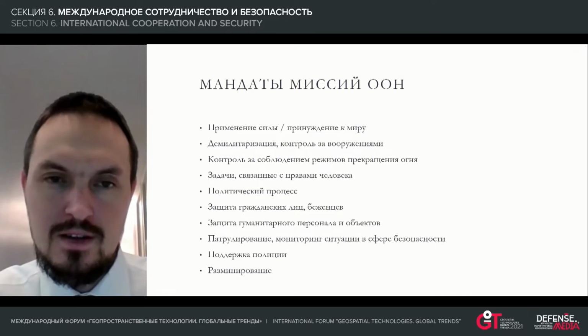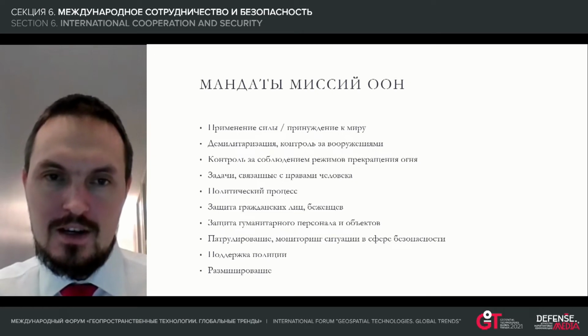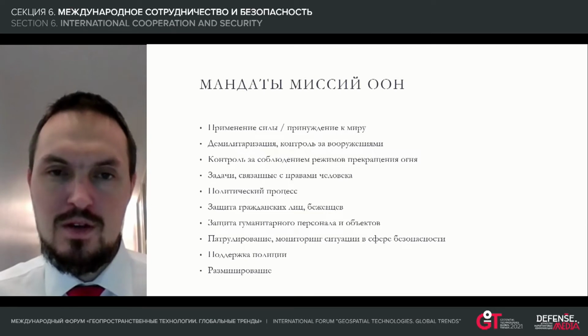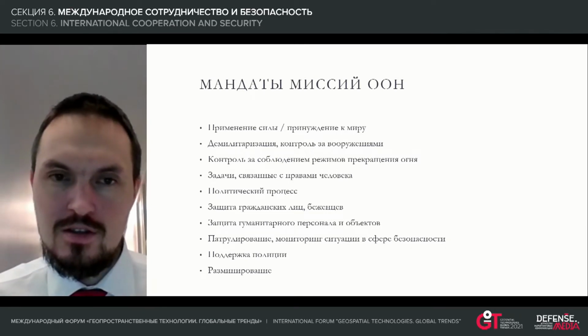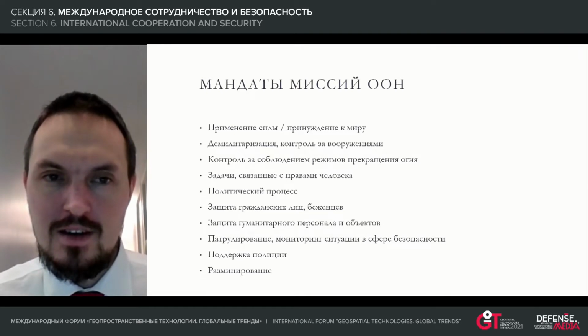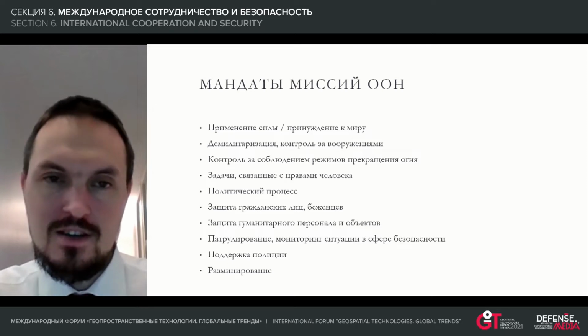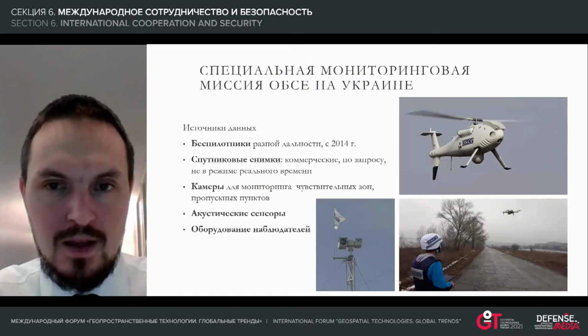And all these tasks and missions need information from different sources. Traditionally, within the frameworks of peacemaking operations, such a concept as peacekeeping intelligence emerged. That's intelligence about peacemaking operations.